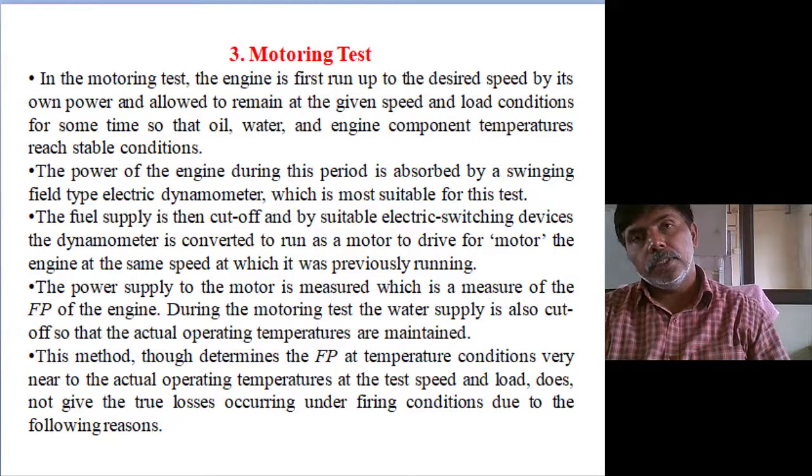Then how much electrical energy is utilized? That electrical energy is the friction power. That is the minimum energy required to overcome the friction between cylinder and the inertia of the moving components. Simple. But for conducting this test, the engine must be run to attain steady state.